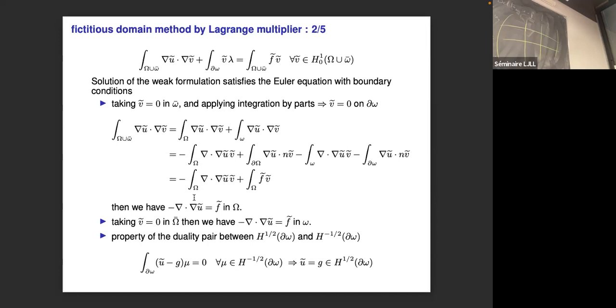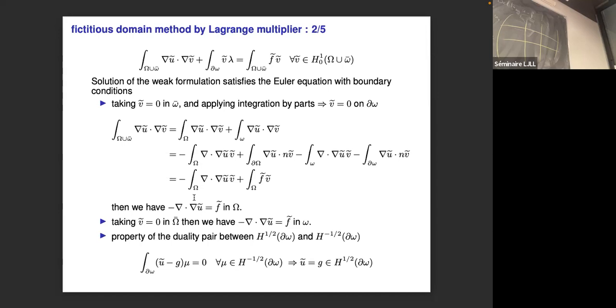This is easy: I apply the Gauss-Green formula by setting the test function to 0 on the boundary. In that case, I can recover a strong form in large omega. This is valid in omega. In the same way, I can take a function that includes the data on the boundary, and I can also recover the Dirichlet data.